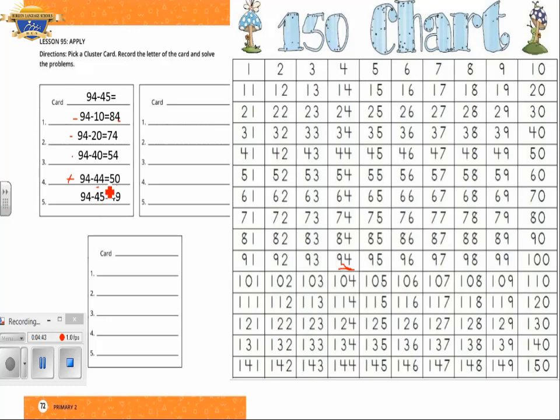So I will land on number 50. So from 94 to 50, there are 44 steps, but the steps increased here, right? 45 is 1 more than 44. So our steps increased.